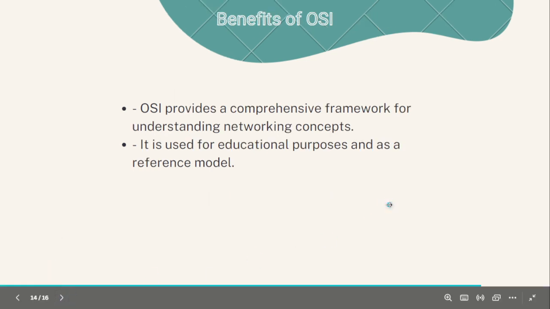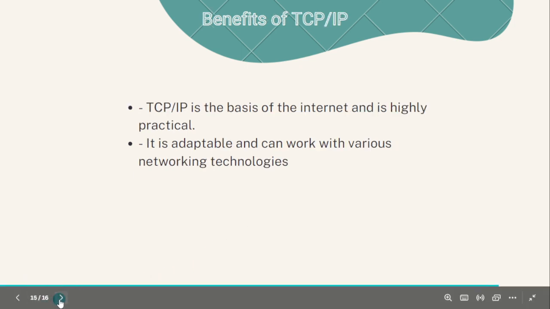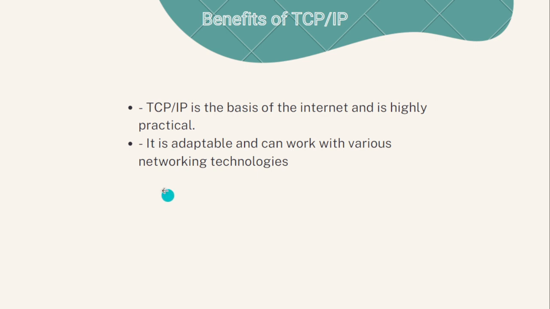Now let's see the benefits of the OSI model. The OSI provides a comprehensive framework for understanding networking concepts. It is used for educational purposes and as a reference model. Now let's see the benefits of the TCP/IP layer.